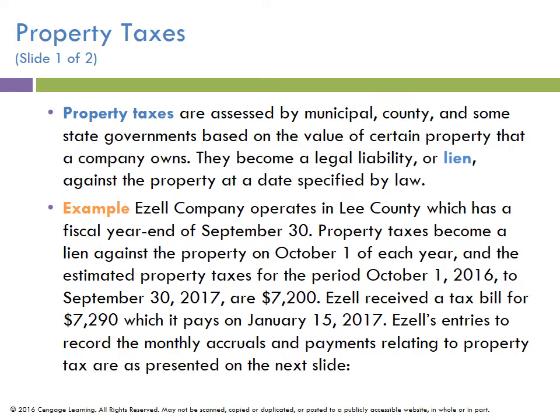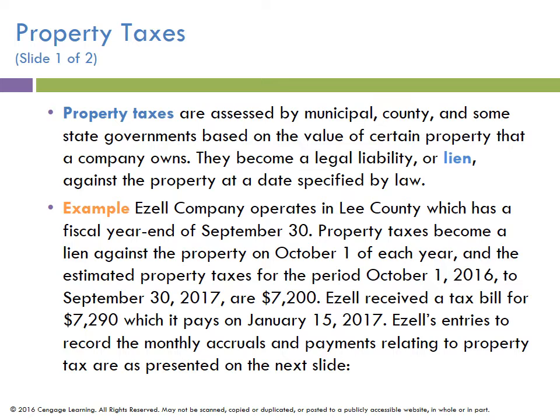These are assessed by local, county, and some state governments based on the value of certain property that a company owns. They become a legal liability against the property at a date specified by the law. So it depends on where you live, but let's look at an example. Easel Company operates in Lee County, which has a fiscal year end of September 30th. Property taxes become a lien against the property on October 1 of each year.